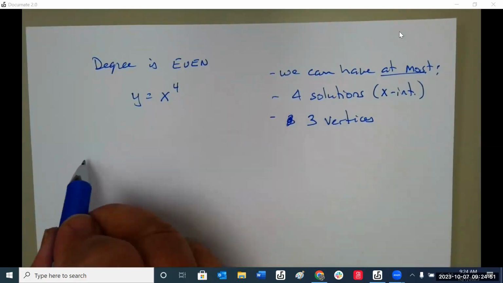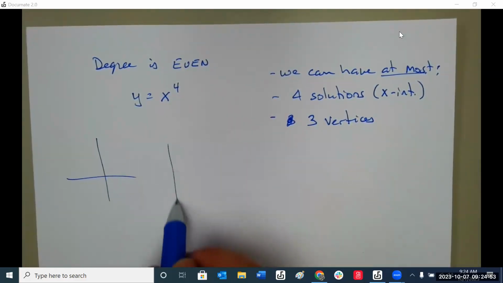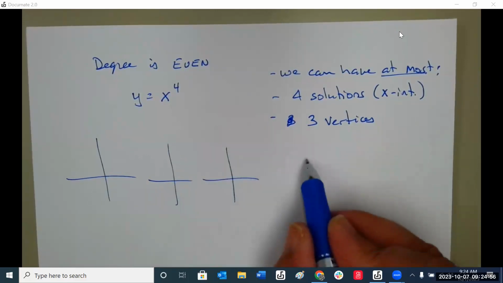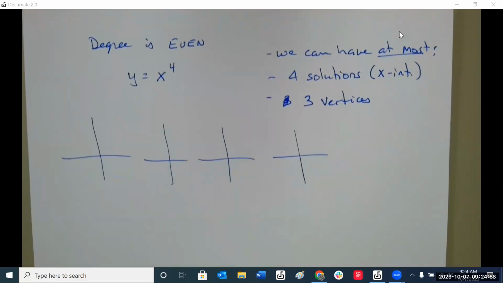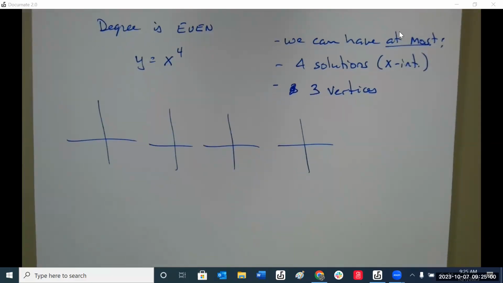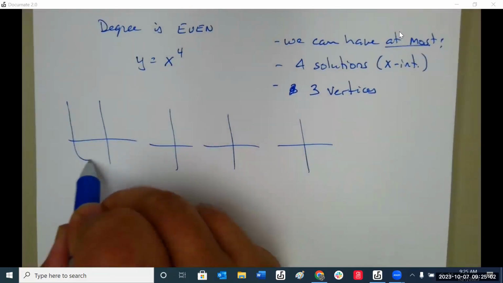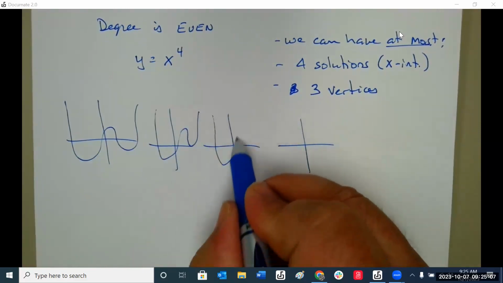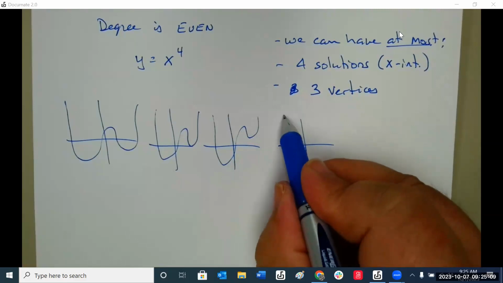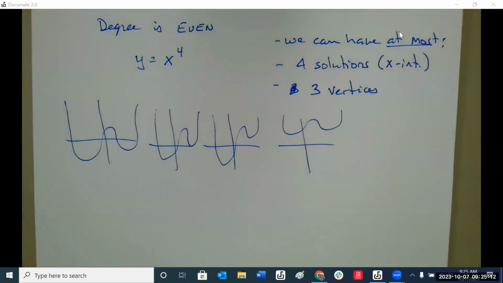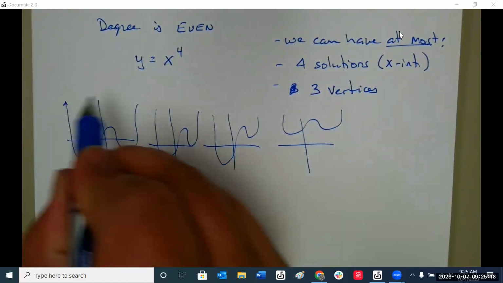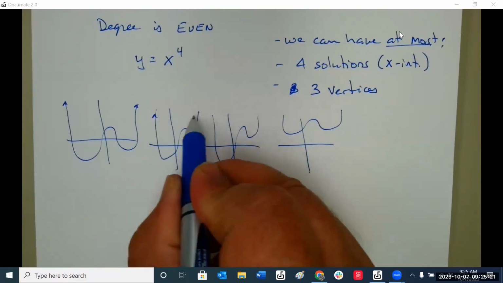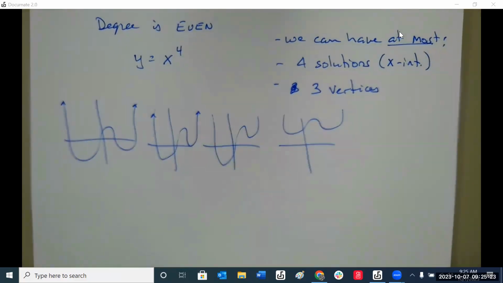The reason we say this is because with even degrees, both ends of the graph point the same direction.